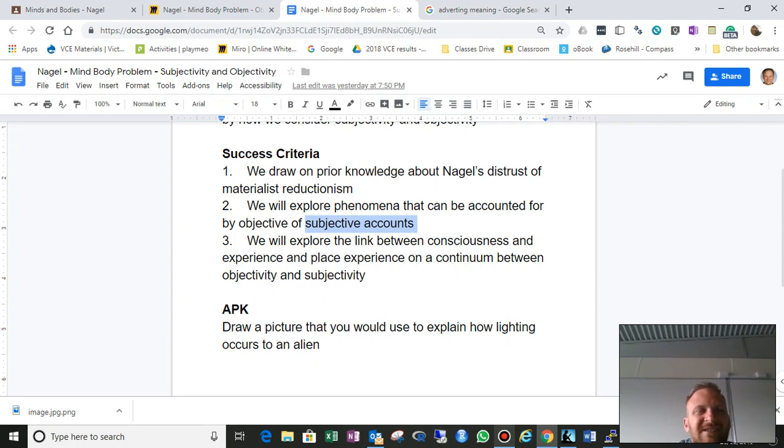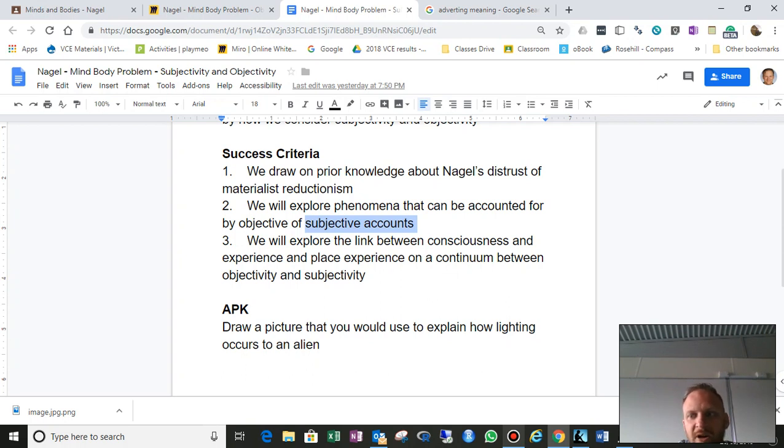But experience, or maybe even consciousness, if we argue that there's a correlation between brain states and mental states, we tend to observe behaviours that are indicative of certain mental states, and we say, look, there's a correlation between this mental state that we've observed as a behaviour and this brain state, then we could argue there's an objective account of experience, but that is just the objective aspect of it.